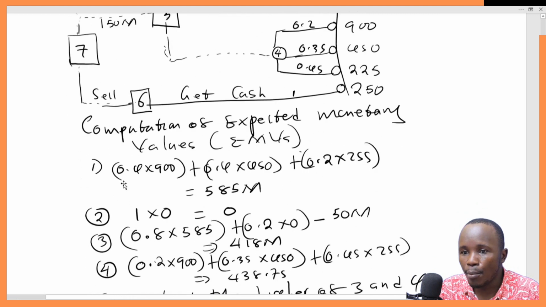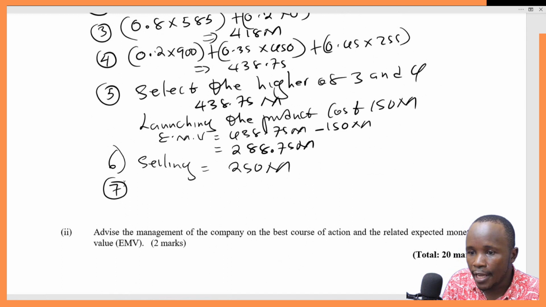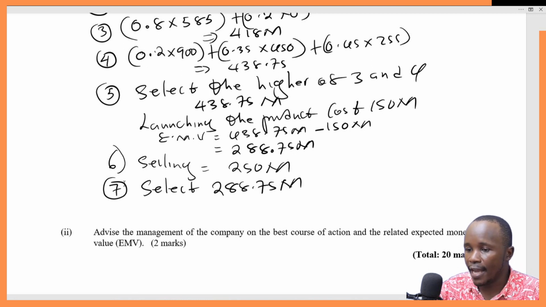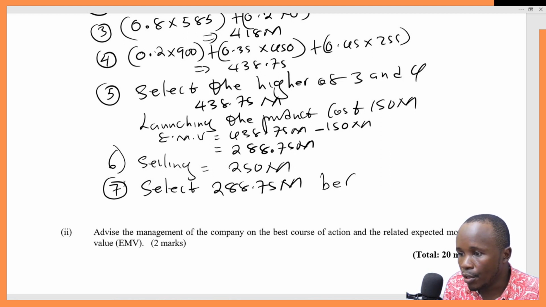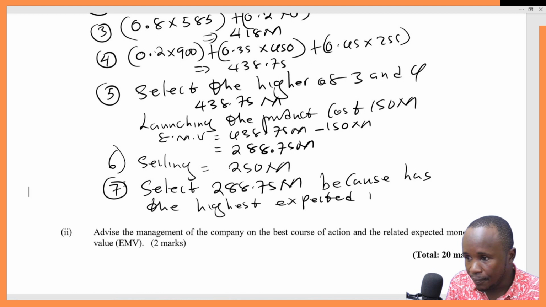So here you select 288.75 million because it has the highest expected monetary value.